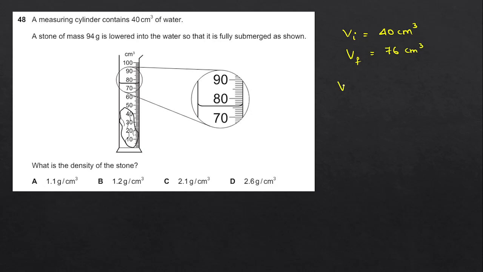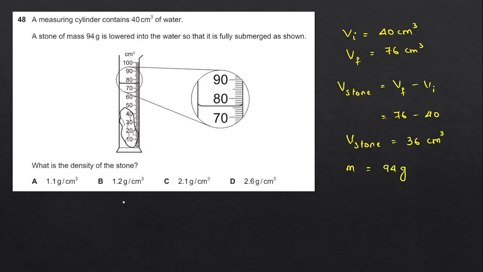Then the volume of the stone will be equal to the final volume minus the initial volume, and this is 76 minus 40. So the volume of the stone is 36 cm cube. Now let's find the mass. The mass is also given in the question. Mass of the stone is 94 gram.